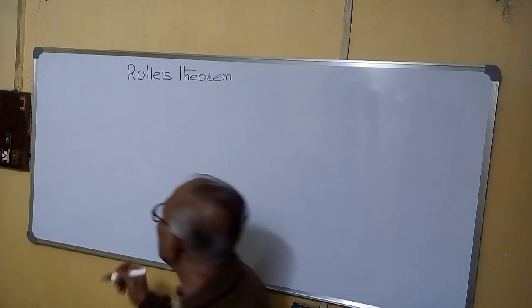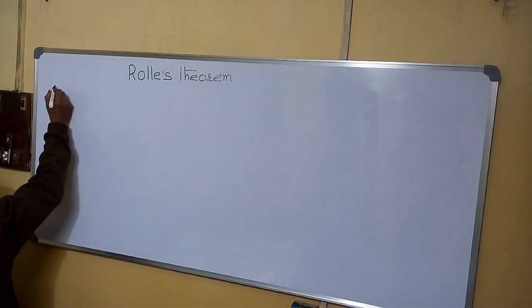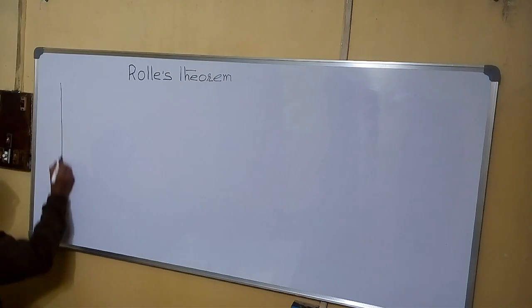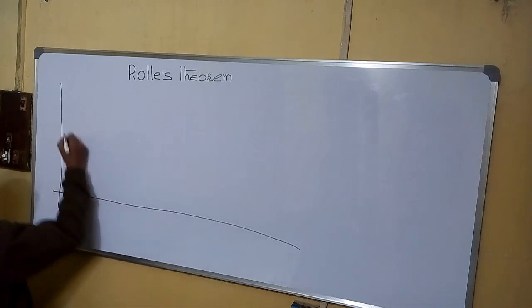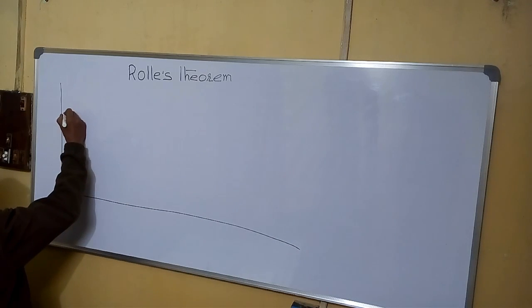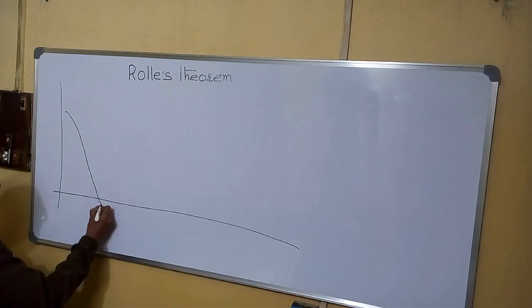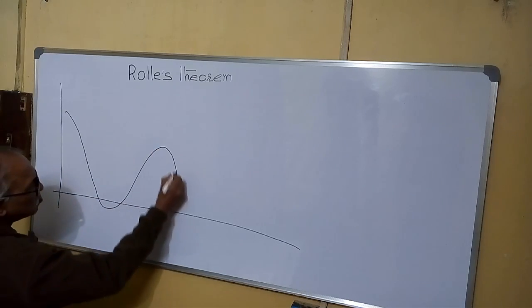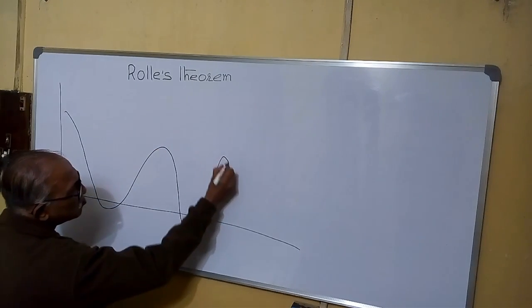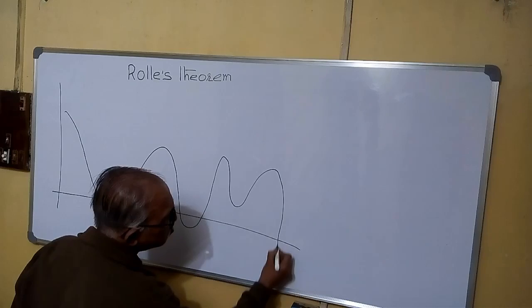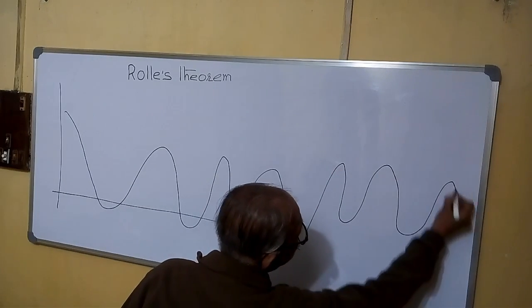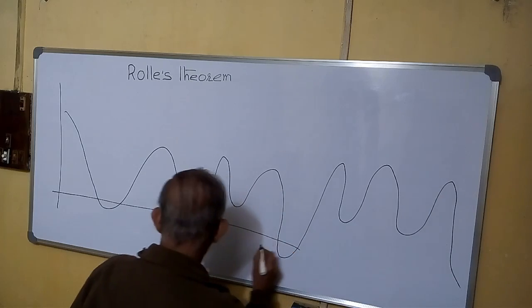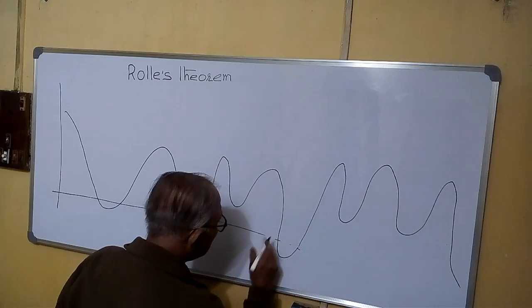Now let us see one graph. Suppose a function is there, like this.